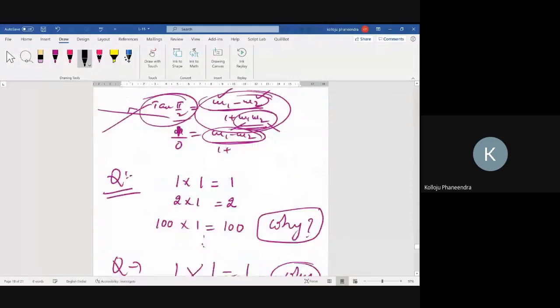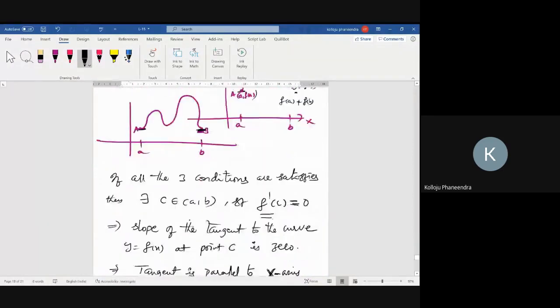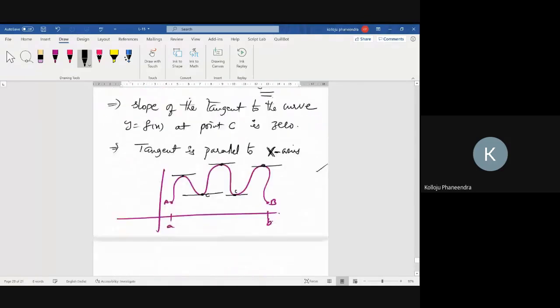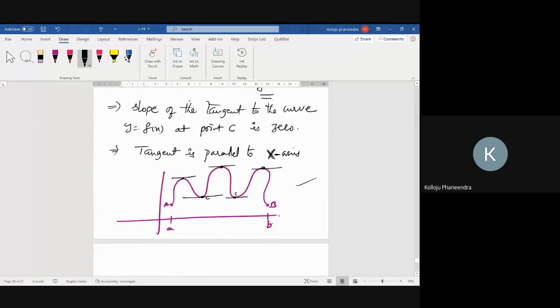And f of A equal to f of B means you draw this graph. And the conclusion f dash C equal to 0 means you draw this graph. This is the geometrical interpretation of Rolle's theorem.